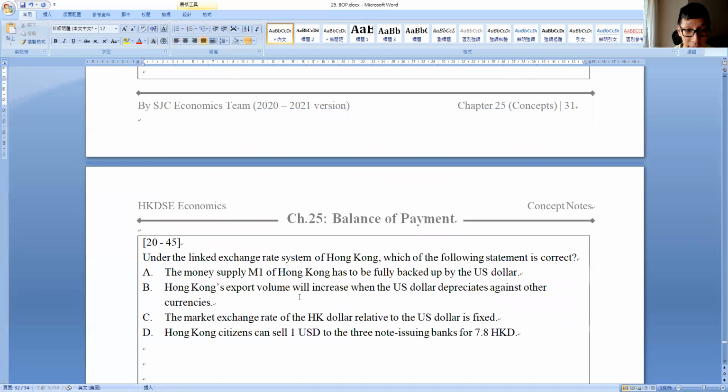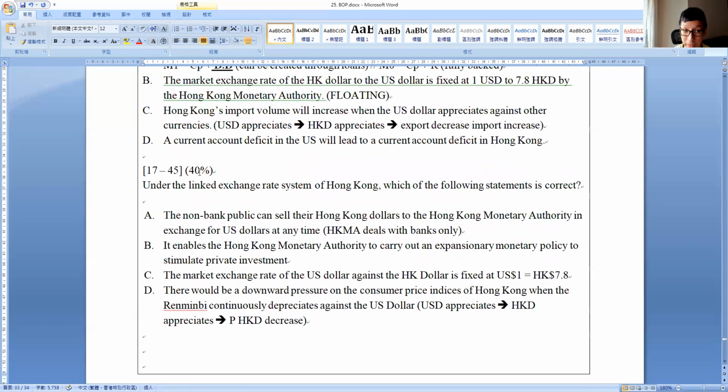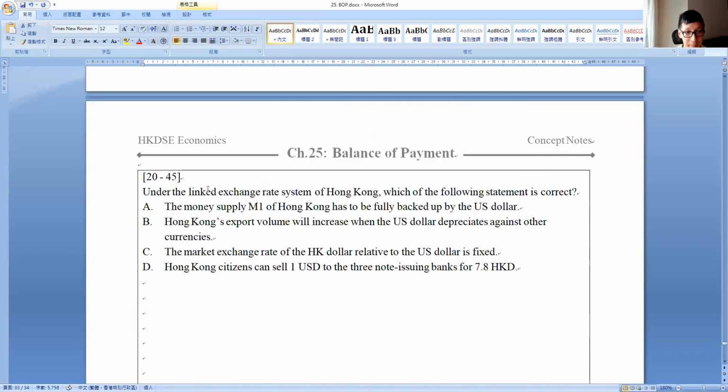Okay, 好嘛？嗱 final MC, and then one more question, and we will conclude this whole chapter 25. 好啦，快啲啦。好，now 2020 係嘛？Question 45啊，頭先嗰條幾多嘅？40%, only 40% for whatever reason, right? 好啦，here. Which of the following is correct? Money supply M1 fully back up.